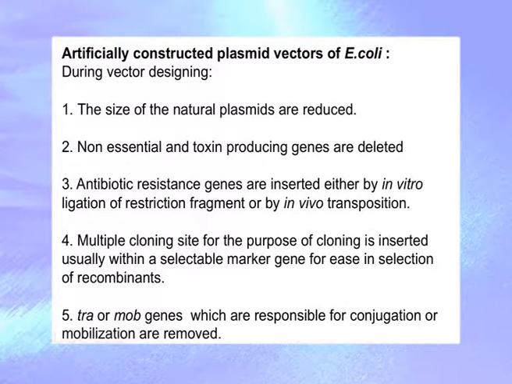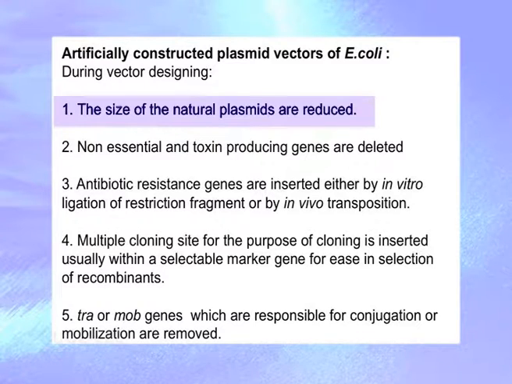Next, we are talking about artificially constructed plasmid vectors of E. coli. The naturally occurring plasmid vectors had certain problems. That's why people were eager to make artificially synthesized plasmid cloning vectors, and during vector designing these points should be taken into account.